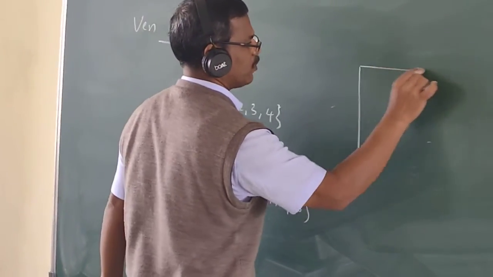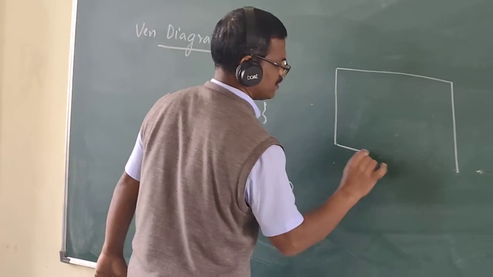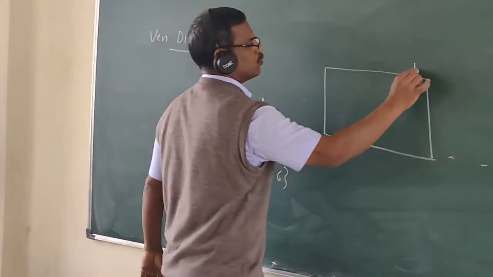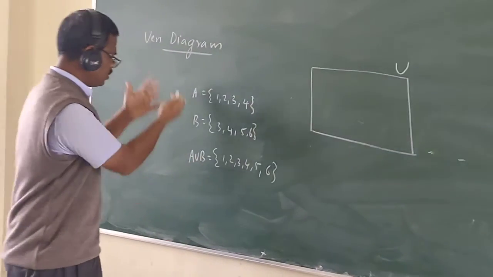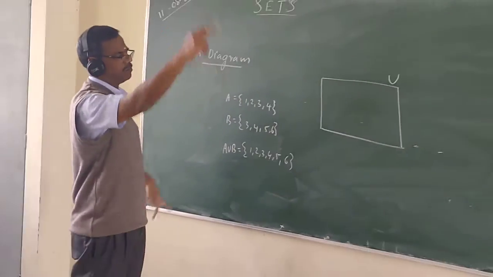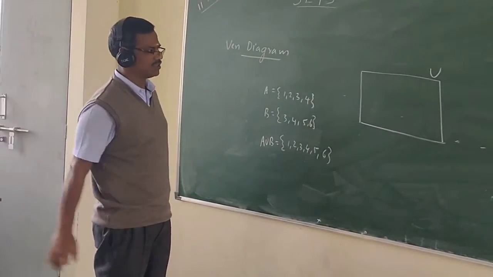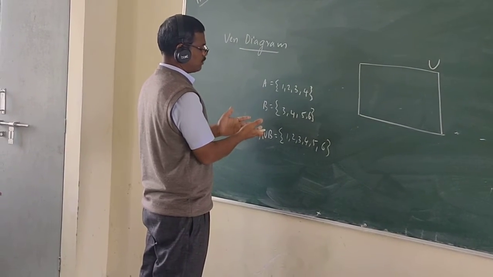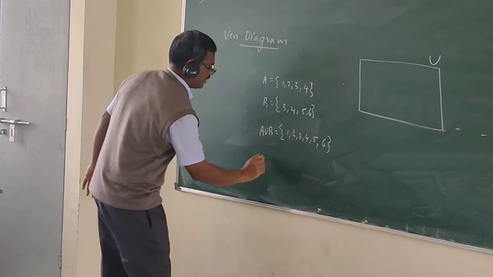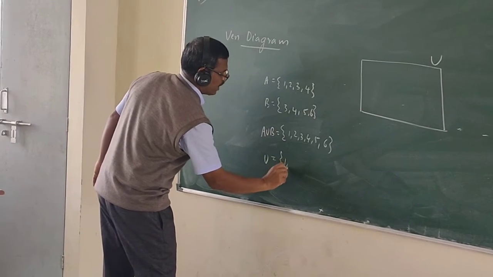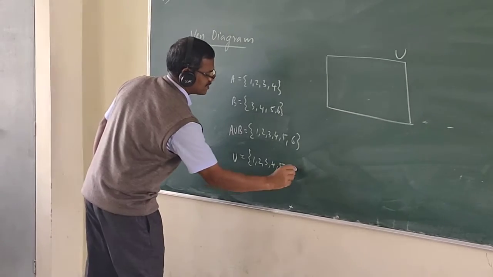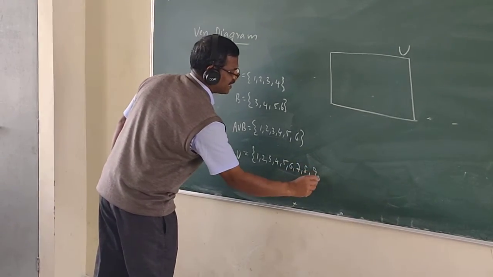So first we will draw a square. Of course nothing called U is given to you, but put it in a square box. I can make a universal set for both of these. Say I take U equal to 1, 2, 3, 4, 5, 6, 7, 8, 9, 10, like that.